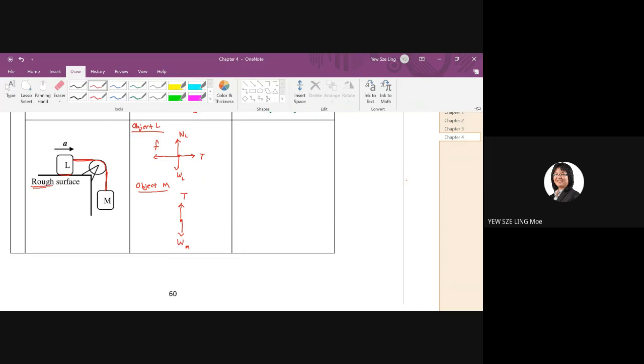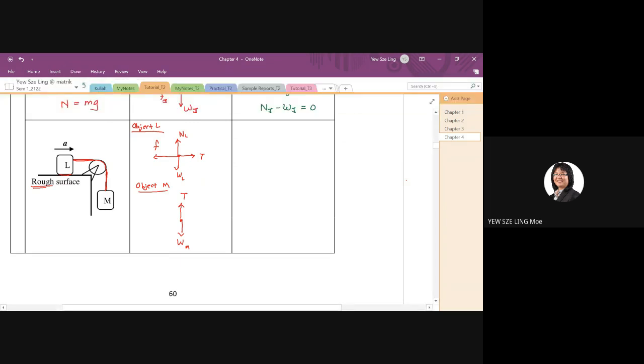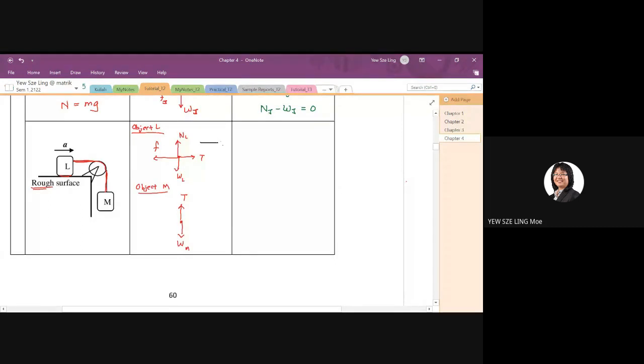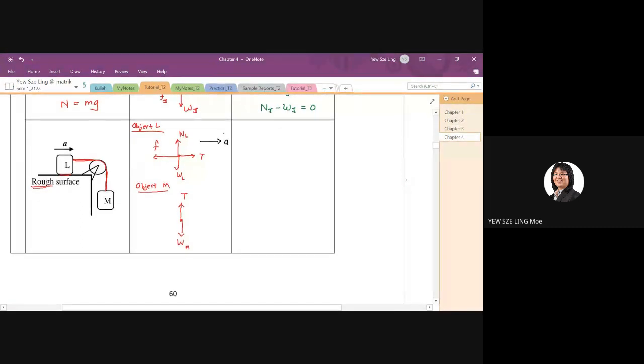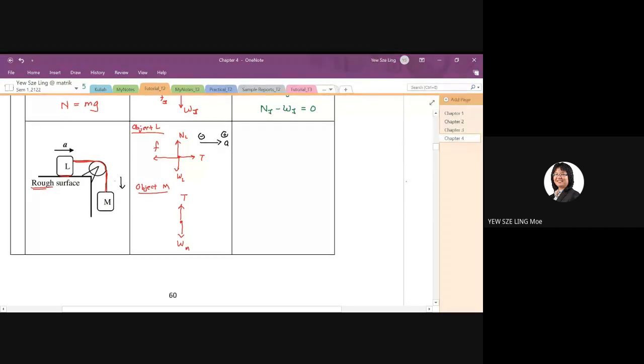And then what is important is A. So A for object L is going to the right. Therefore, we take the right hand side as positive and the left hand side as negative. But when it comes to object M, by common sense, if L is going to the right, then M should be going down.